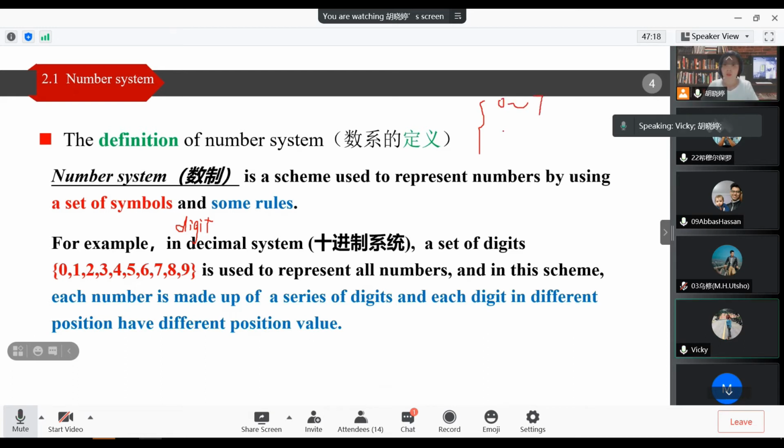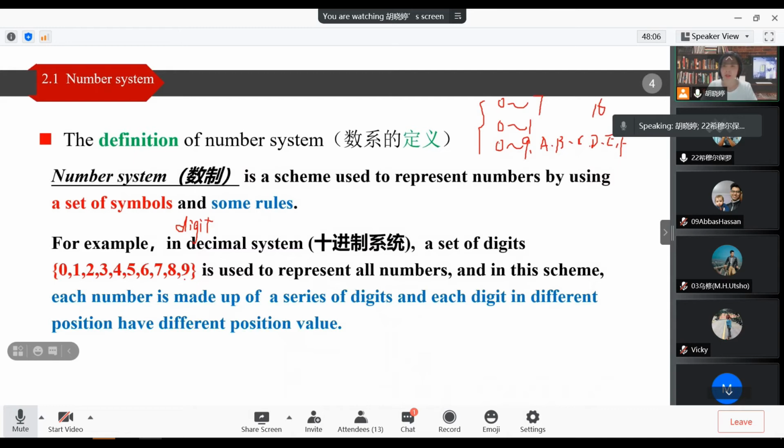The binary system has 2 digits, 0 and 1. For the hexadecimal system, we use 16 different symbols: 0 to 9, and A, B, C, D, E, F. Each symbol is a single symbol, not complicated.